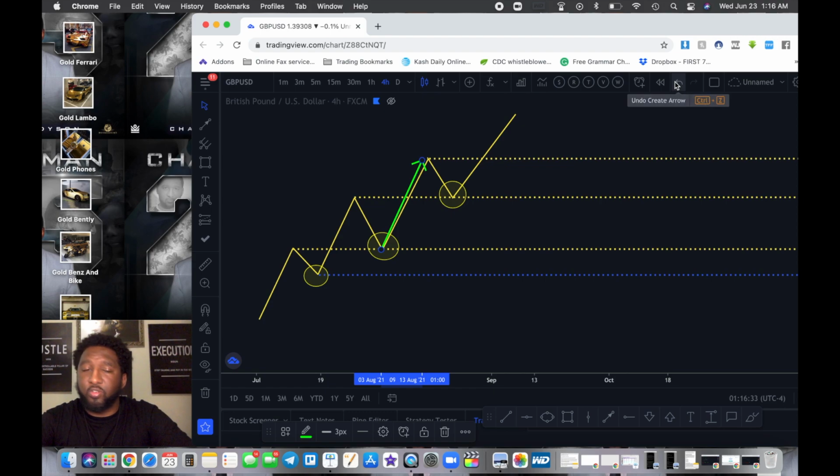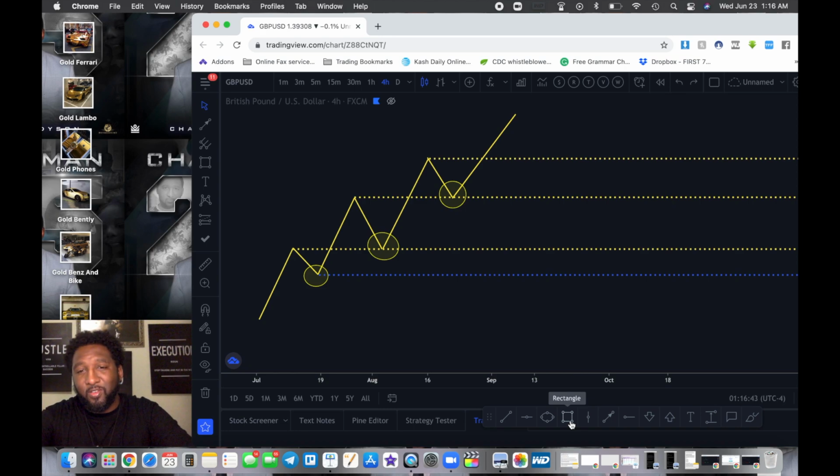And people who trade Fibonacci understand this. I don't particularly trade Fibonacci, but I love Fibonacci, right? But I keep things simple, so I don't use it. But watch this. It's a much easier way to trade, trust me.